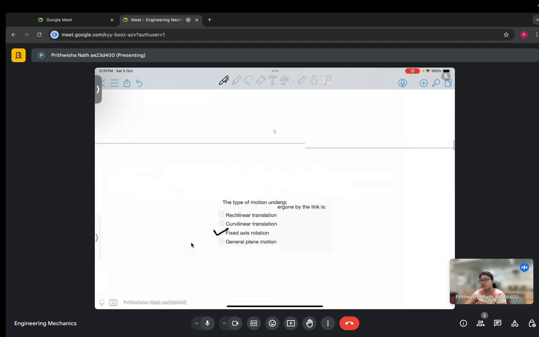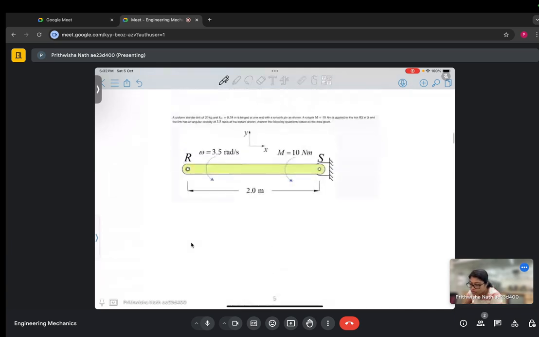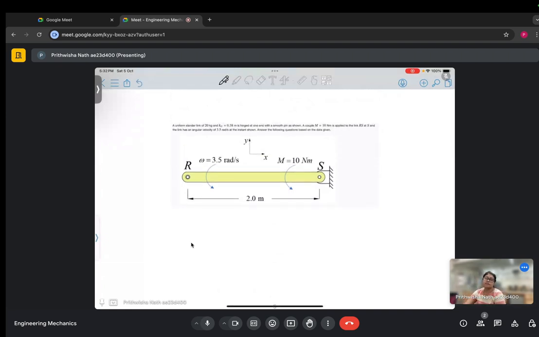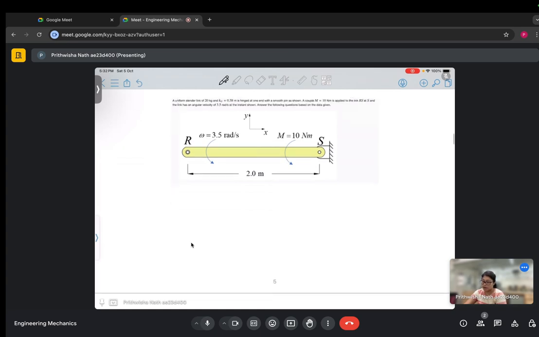Since this is a pin joint, we can assume two forces, one in the x direction and one in the y direction. So let me draw.